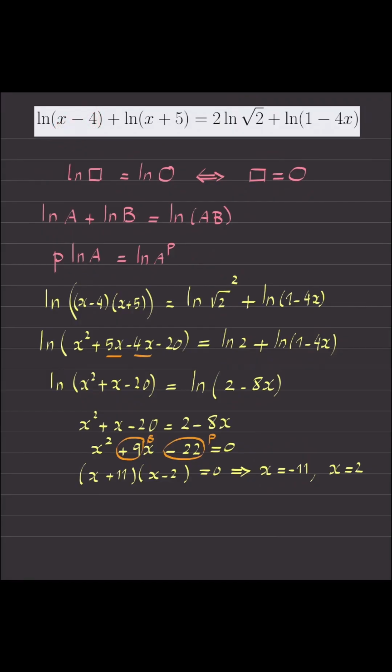So this is indeed a false root. What about 2? Maybe you think because 2 is positive it is acceptable. No, that is not the requirement. The requirement is that the argument of all the ln's inside the problem should be positive, which is not the case. Why? Because if I take 2 and put it here, it becomes 2 minus 4, which is minus 2, still negative. So this is also a false root.